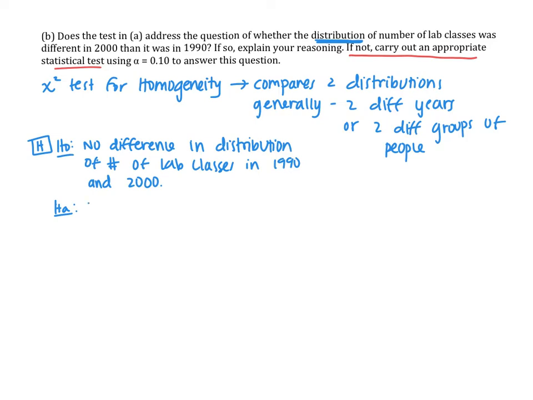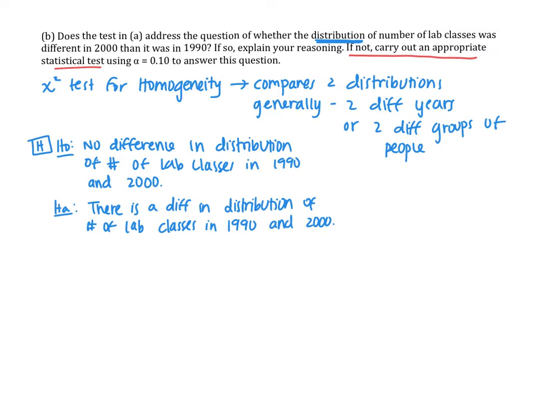The alternative is there is a difference in the distribution of the number of lab classes in 1990 and 2000. Everything else is exactly the same as the test for independence.